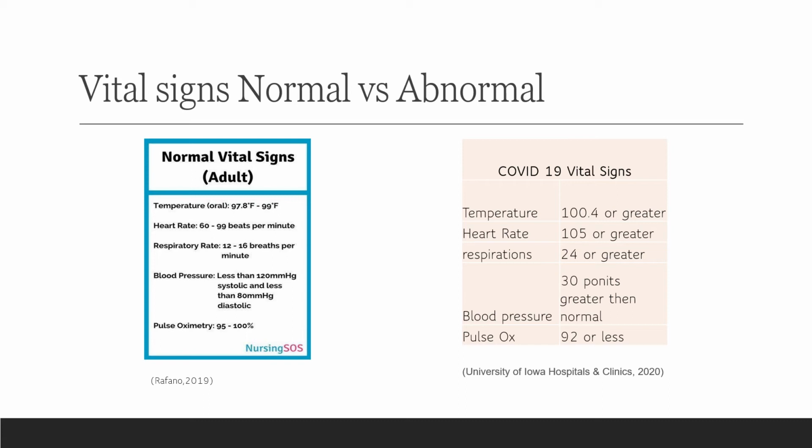If you have somebody who's breathing on a normal basis at 90%, when you start seeing them get into the 88, 87, 86s, that's where we really need to start paying attention and focusing on what is happening with our patient. What is the change?